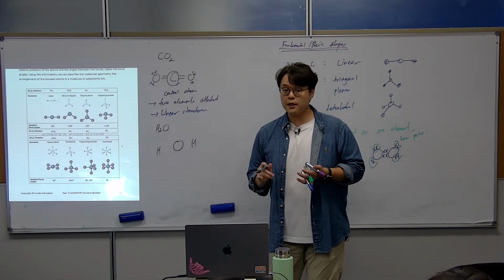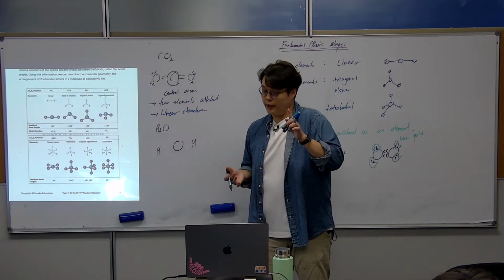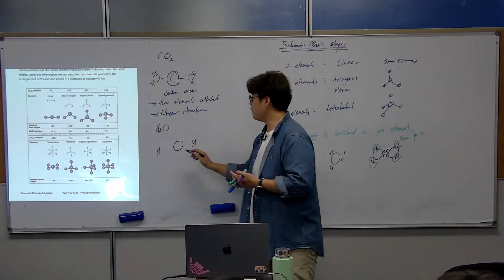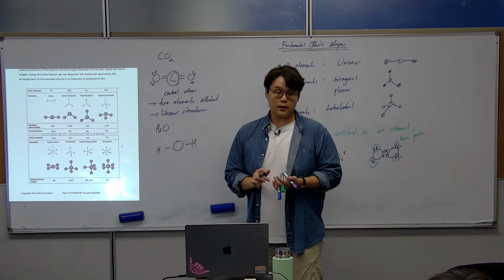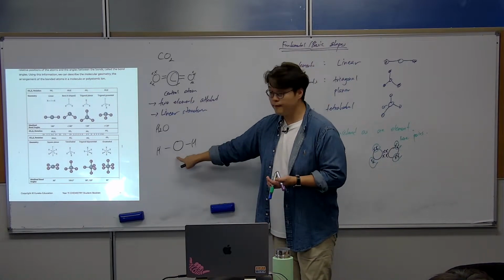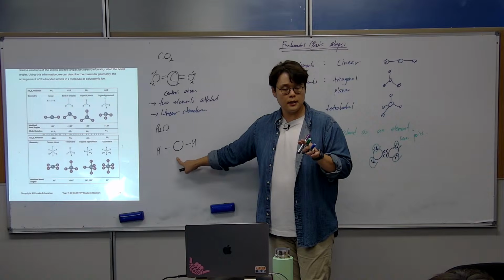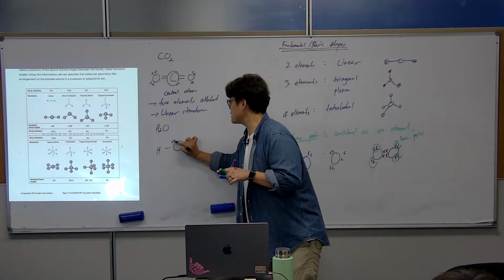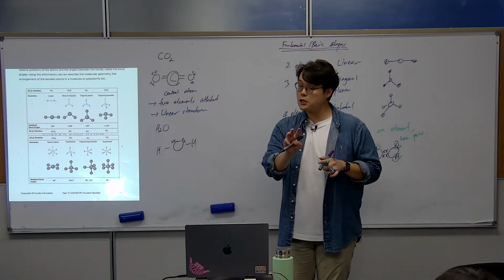How many bondings can hydrogen form? 1. How many bondings can oxygen form? 2. So they will form the bondings like this. Now consider the oxygen there. How many lone pairs does oxygen have? 2 lone pairs. It's 4 electrons in total, in pairs, so you have 2 lone pairs.